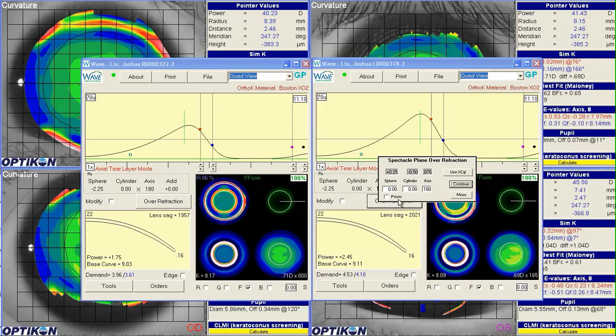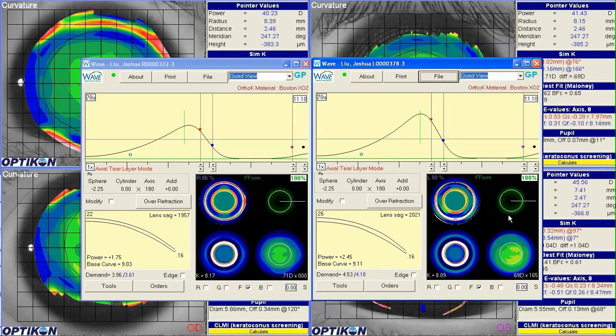One other thing I like to do is make sure there's prism in all my freeform lenses. It does increase the center thickness a little bit, but if a freeform lens is not orienting the way we expect it to, we are going to get results that are unexpected.